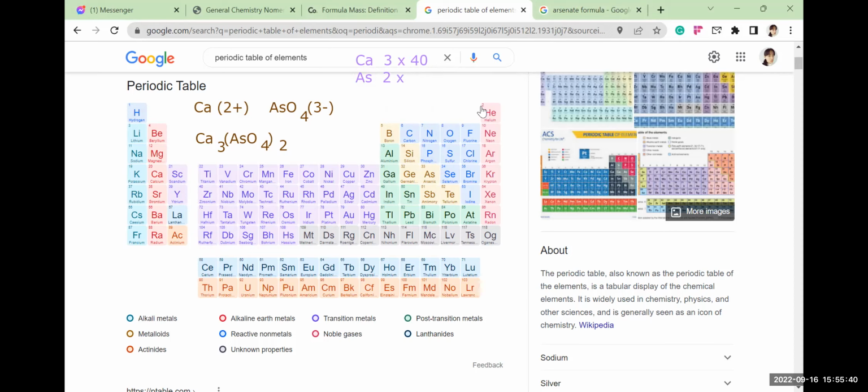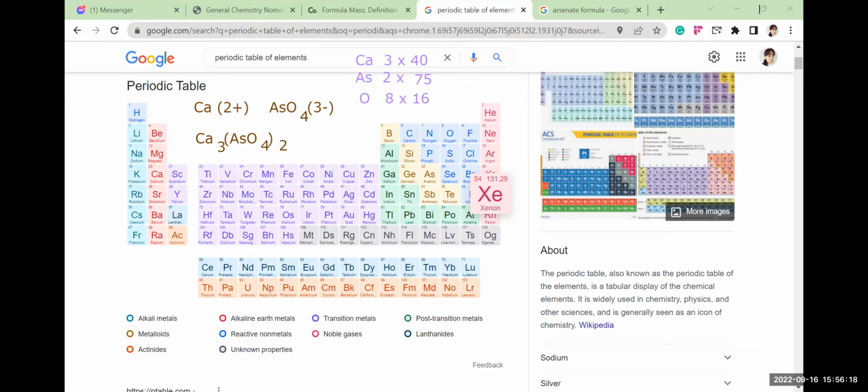So 2 times 75. And then how about oxygen? How many oxygen ions do you have? Is it just 4? Oh wait. Look at oxygen here. You have AsO4, but the whole thing is times 2. Very good, 8. 8 times, what's the atomic mass unit of oxygen? 16. Yes. Okay, very good.